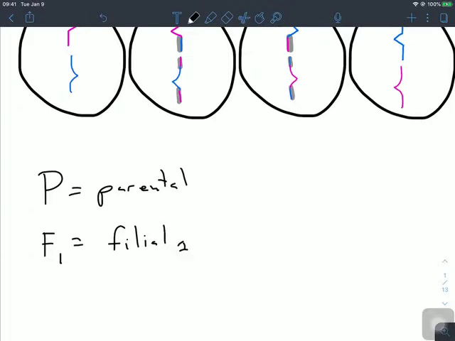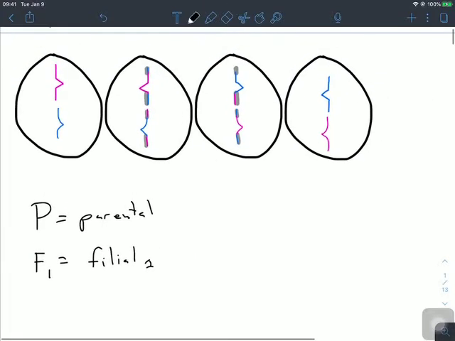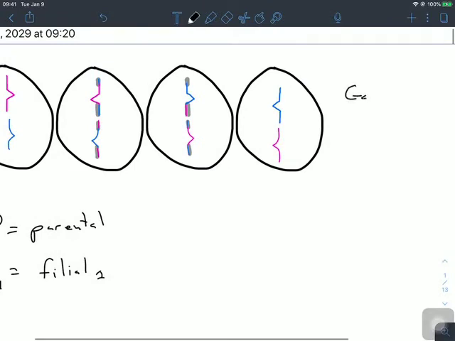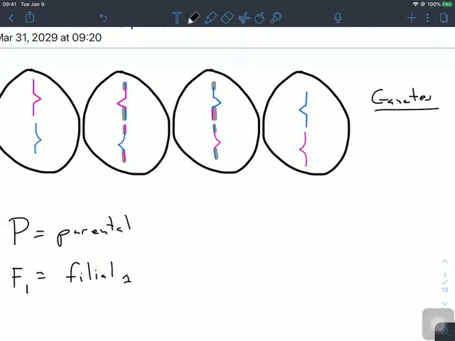They're one generation removed from the parents. They are a result of the mixture of the gametes, or the sex cells of the parents, in order to make the appearance and the genetic makeup of that filial 1.